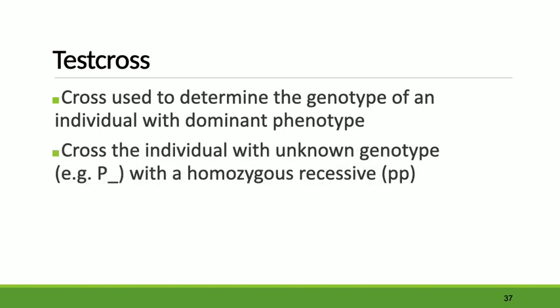The way you do that is you take your unknown dominant-looking individual and cross them with a homozygous recessive individual. You can do that easily because homozygous recessive individuals only have one phenotype. They all look the recessive type.